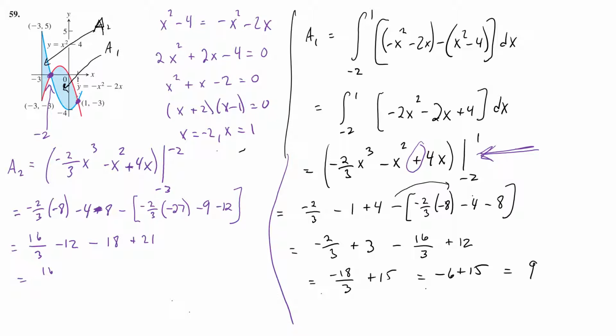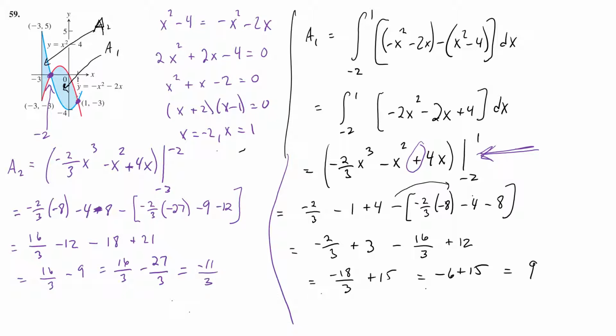And so we have 16 thirds. Negative 12 minus 18 is negative 30, plus the 21 makes negative 9. And so 16 thirds minus 27 thirds is negative 11 thirds.